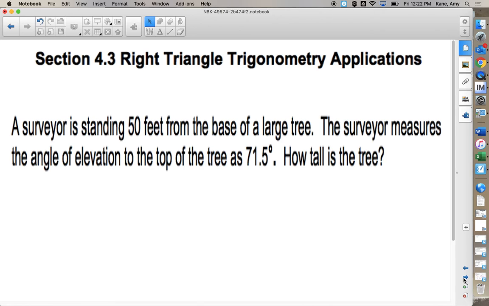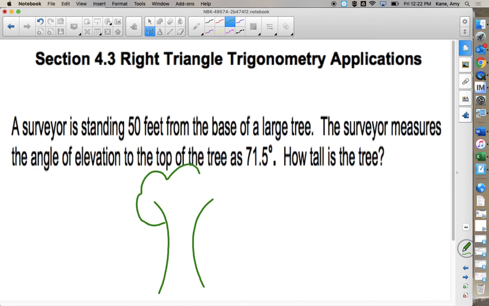So looking at number 1, a surveyor is 50 feet from the base of a large tree. You can get creative and draw a tree, or you can just draw a vertical part of the triangle. That's my large tree.